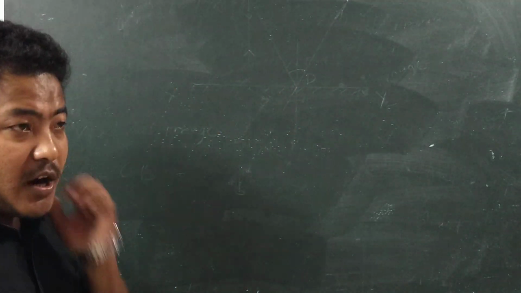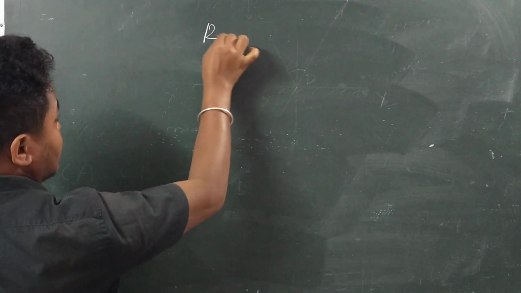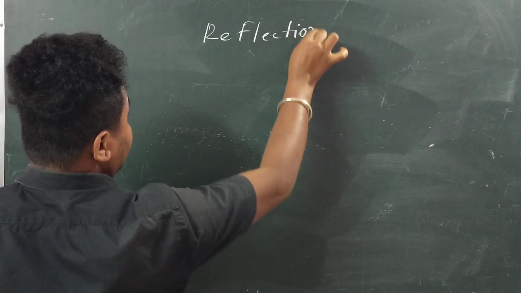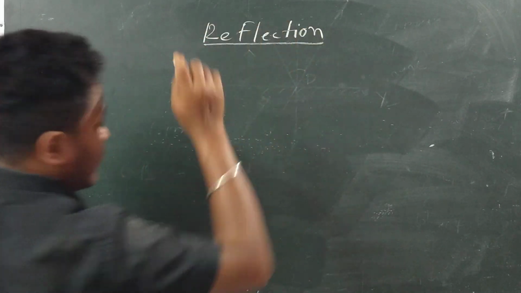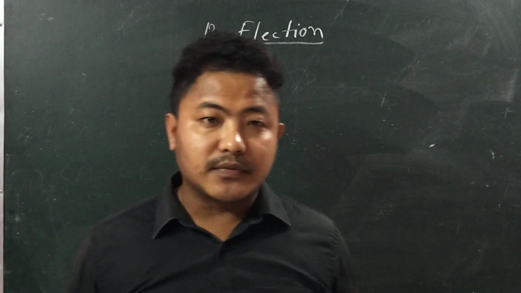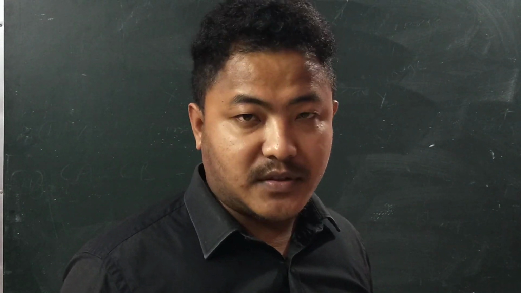So let us start with a very basic concept, reflection. If I ask you what is reflection? Reflection is the bouncing back of a ray of light once it comes from a source and strikes an obstacle or a surface.